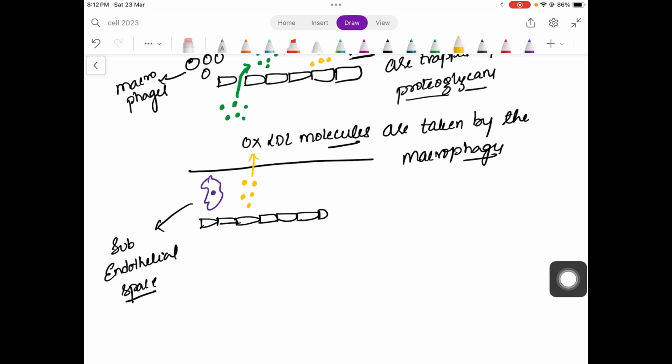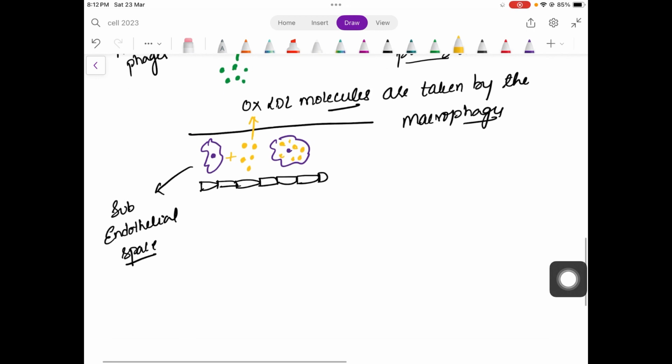These macrophages will take up oxidized LDL molecules, and inside this macrophage we have oxidized LDL molecules. This uptake of LDL molecules by macrophages is a non-regulated process.